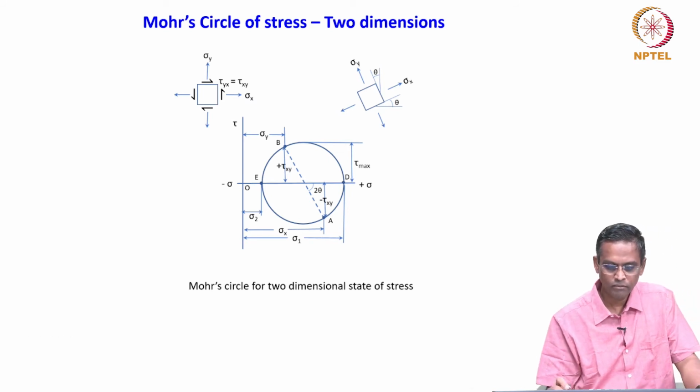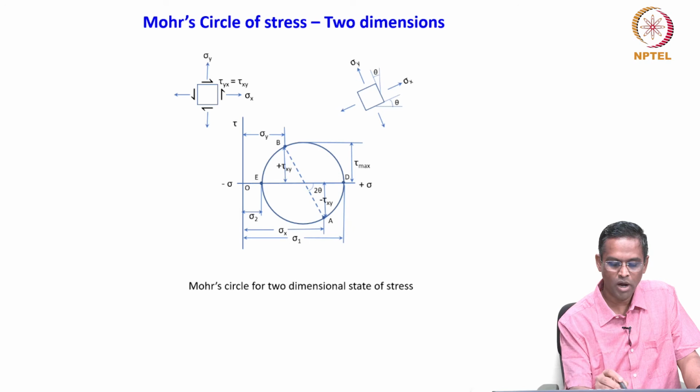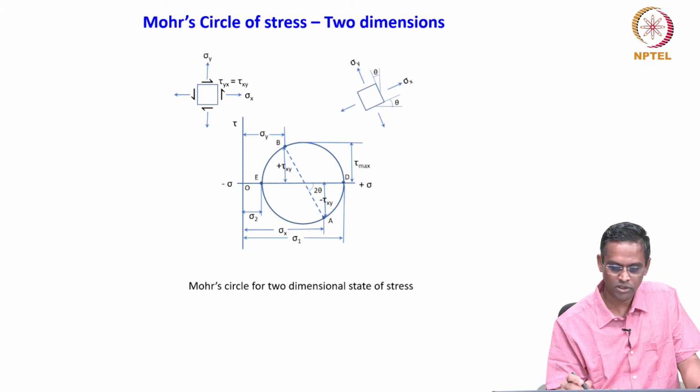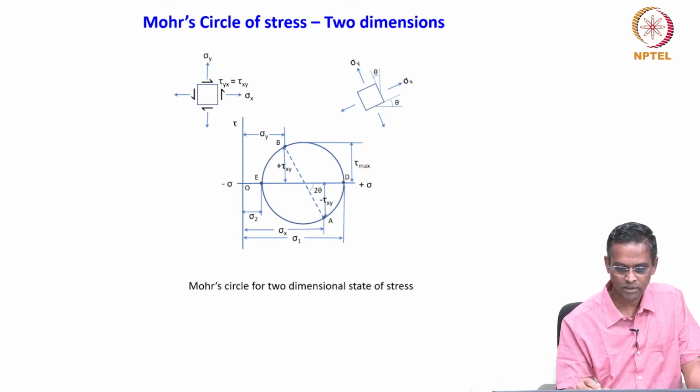And suppose you take any sigma x, which is normal to any plane, if you mark it like this, positive and negative, A B, if you mark it like this, the intersection is considered as the center. Okay, the intersection is the center of the circle, and then what you see here is D and E, where the shear stress is 0.